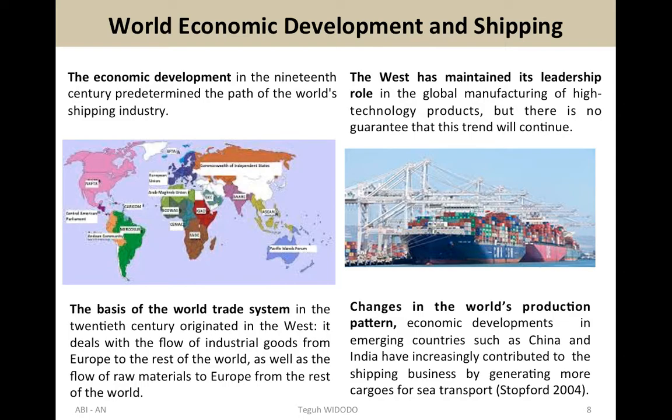The West has maintained its leadership role in the global manufacturing of high technology products, but there is no guarantee that this trend will continue. Changes in the world production pattern and economic development in emerging countries such as China and India have increasingly contributed to the shipping business by generating more cargo for sea transport.